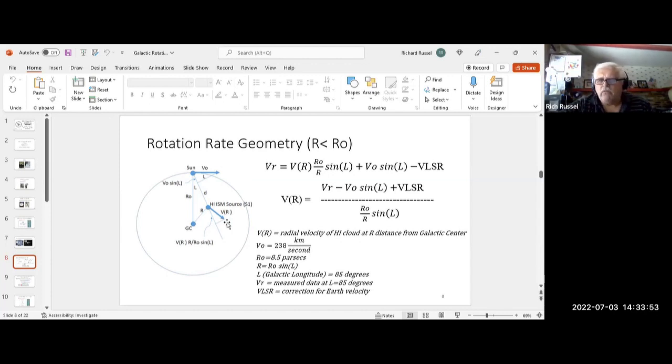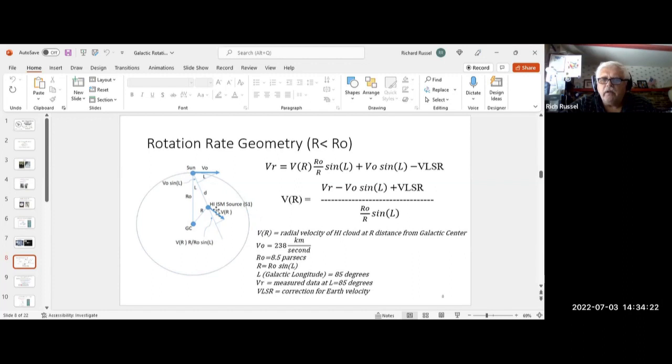Okay, so how does that work? Since the sun is at 8.5 kiloparsecs away from the center of the galaxy, I want that R to be as close to that as possible, because I want to be measuring up here so that I'm pretty close to where the sun is. So at 90 degrees, this would be the speed the sun would be going right here, okay?